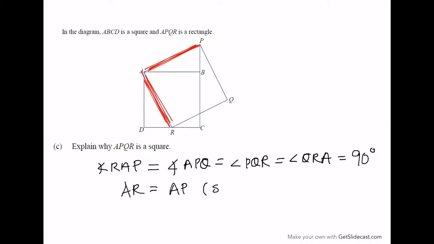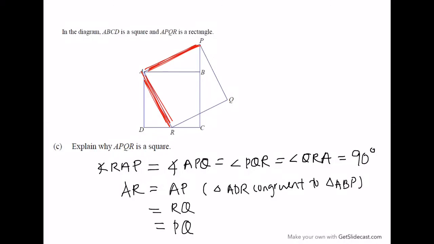So, triangle ADR is congruent to triangle ABP. And then it will be equal to the rest of the sides as well. AP is also at the same time equal to RQ and also equal to PQ.